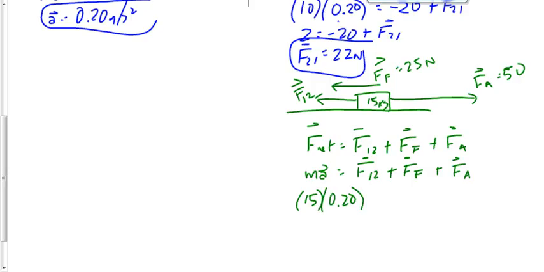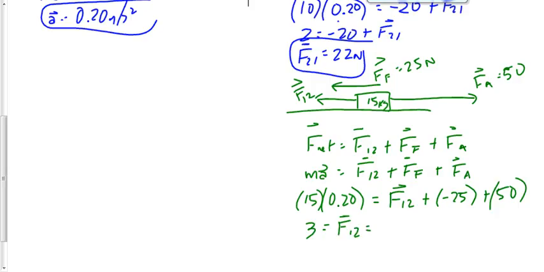Everything within the system accelerates at that rate. F12 is what we're looking for here. FF is negative 25, and FA is positive 50. 15 times 0.2 would be 3. F12 plus 25. Take this over by subtracting, and F12 equals negative 22.